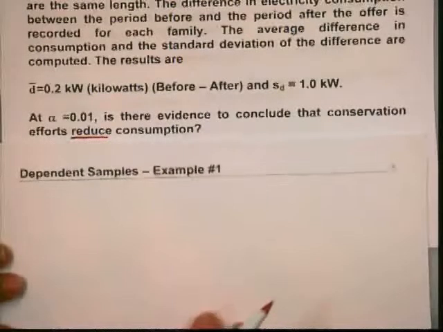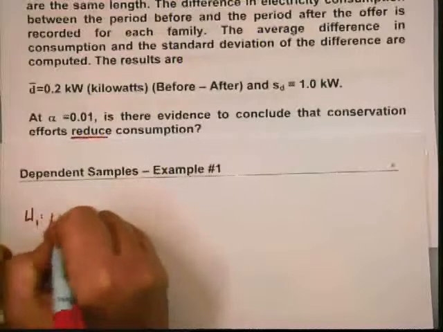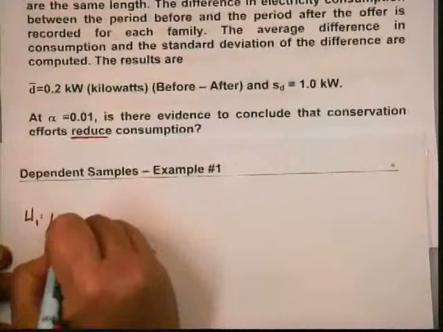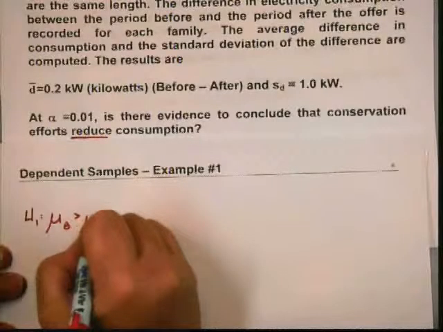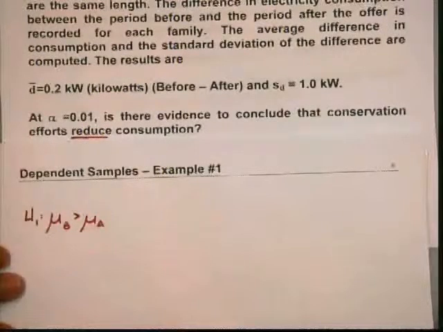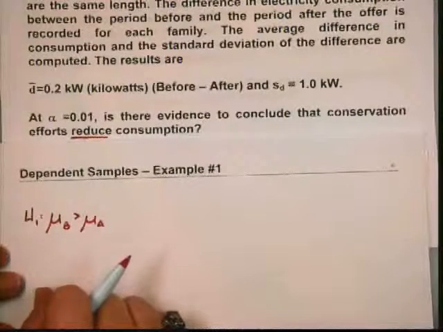So my research question really is the before, which I'm going to indicate with the B, is before greater than after. That's really the question as it's being asked to me, isn't it? Is there a reduction? Is after smaller than before?